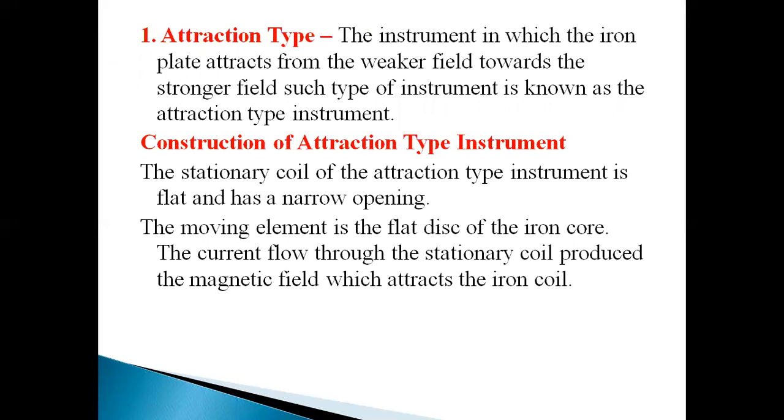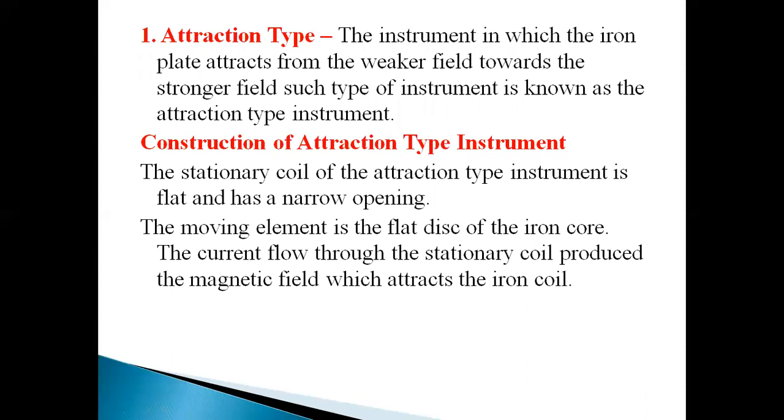The construction, we have already seen: the stationary coil of the attraction type instrument is flat and has a narrow opening. The moving element is a flat disc of iron core. The current flowing through the stationary coil produces the magnetic field which attracts the iron core.